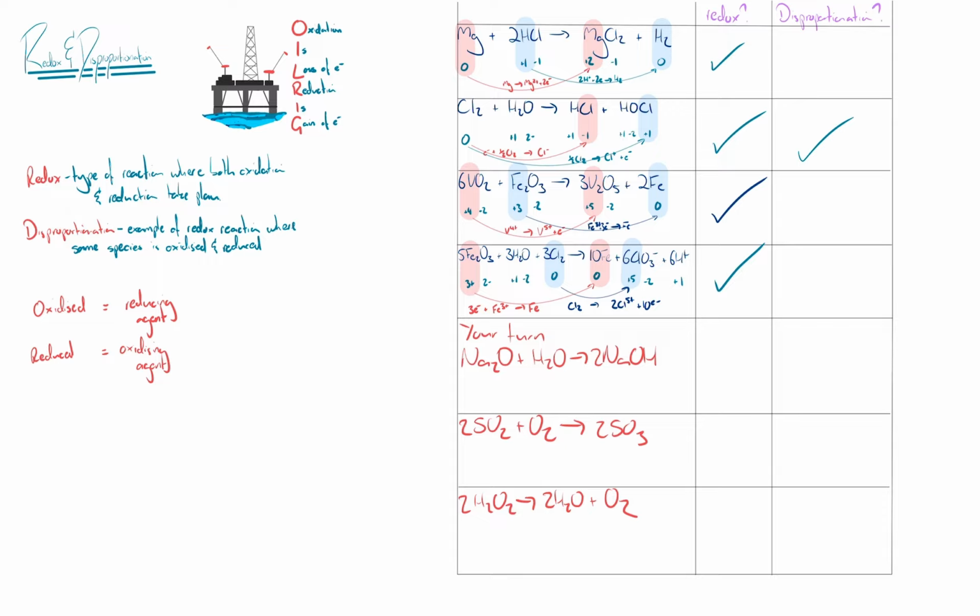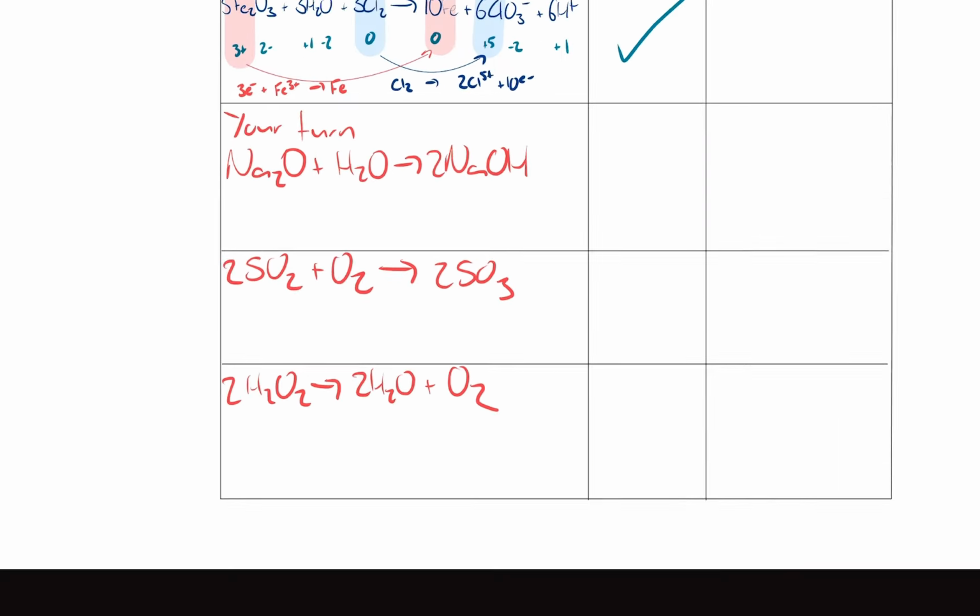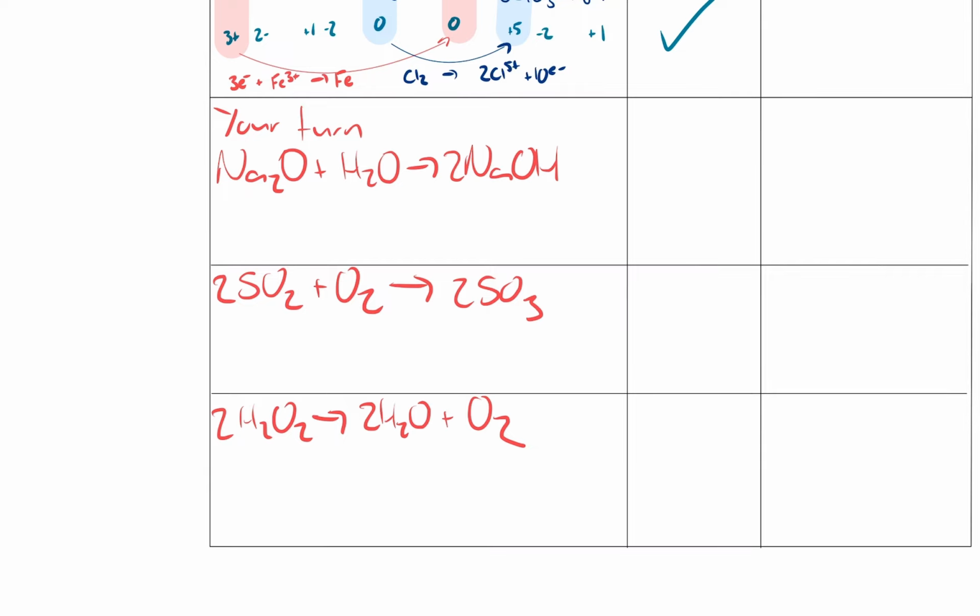So here, remember, we're looking to identify the charge of everything. Sodium here, +1, oxygen -2, the hydrogen +1, oxygen -2. And again, same here, -2, +1. You can see here, nothing has changed oxidation number.